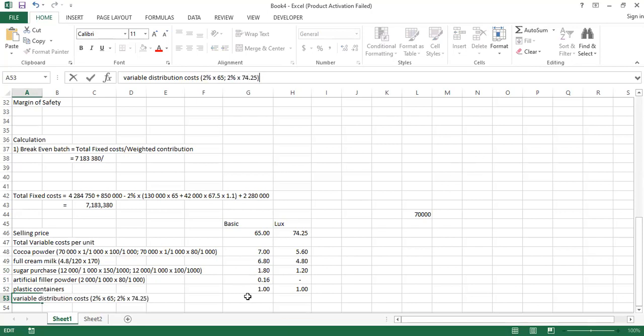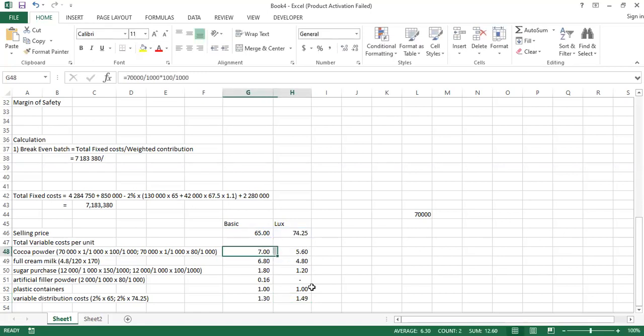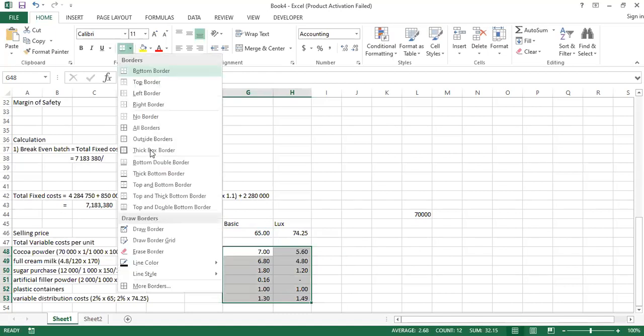I think we should just about be done with our variable costs. Here it's going to be 0.02 times 74.25. Let's bring this up and box it up.